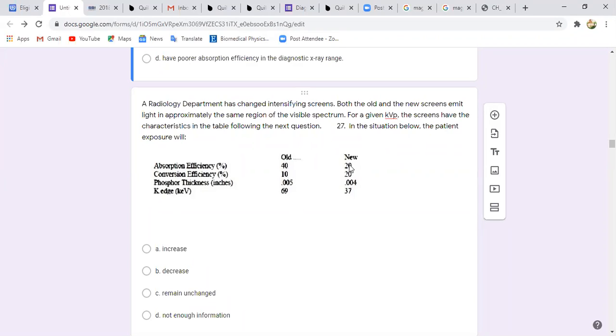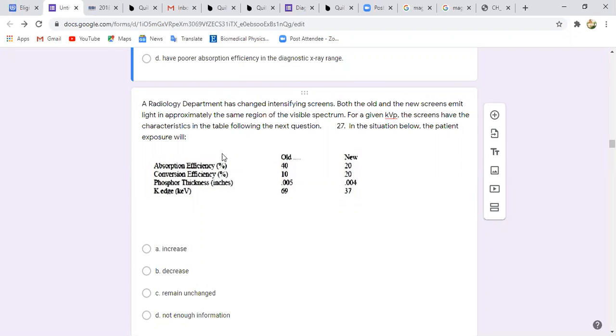So 40, 40. It's not in percent. Assuming this is in percentage, this is 0.4, this is 0.1. At the end of the day, I have a 0.4. This one also gives us a 0.4, that's 40%. So they are the same thing.